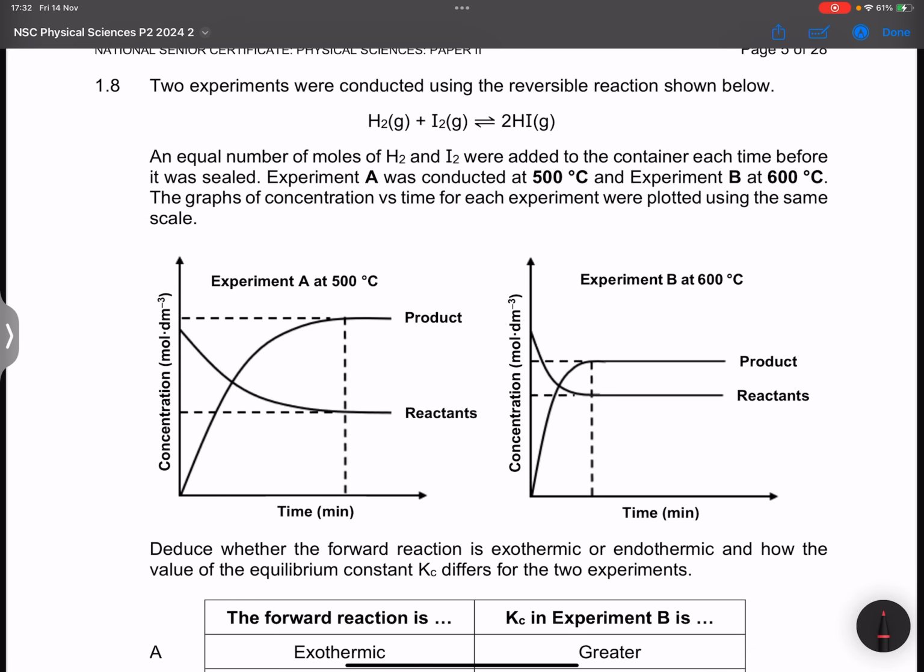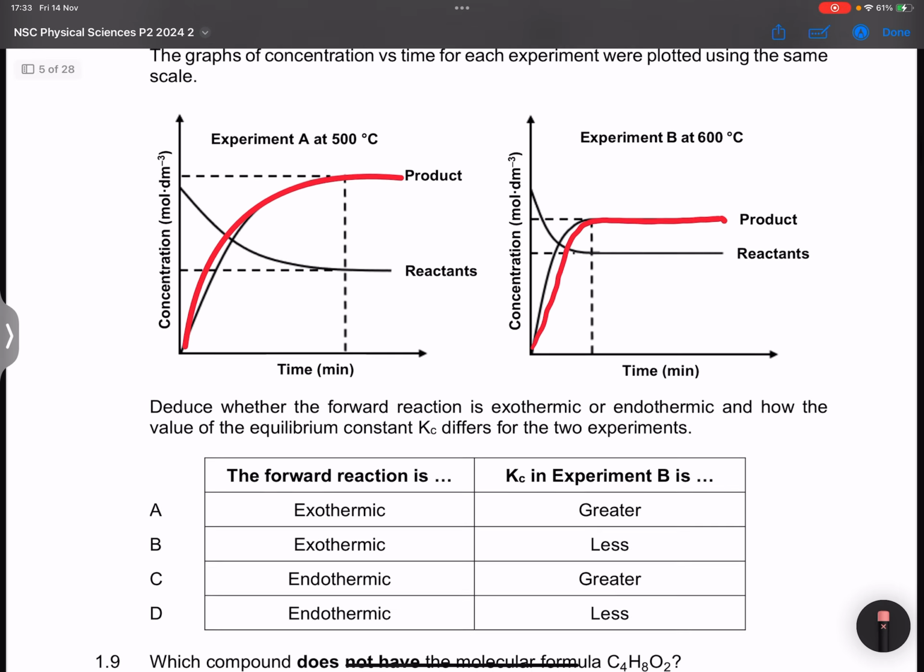Now, let's first note, at 500 degrees, we seem to have a higher yield of the products than at 600 degrees. What does that tell us? That an increase in temperature does not favor the formation of products. It does not favor the forward reaction, right? So an increase in temperature favors the reverse reaction, okay? So the reverse reaction is endothermic, meaning that the forward reaction is exothermic.